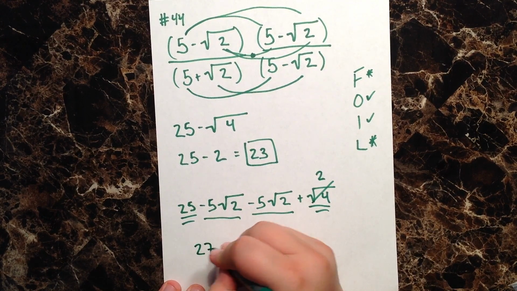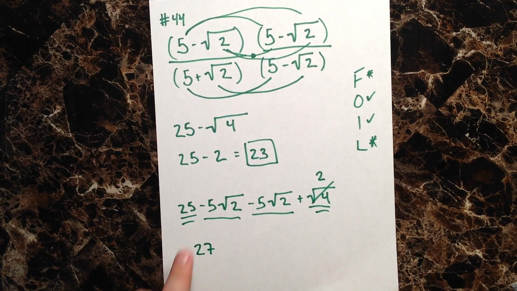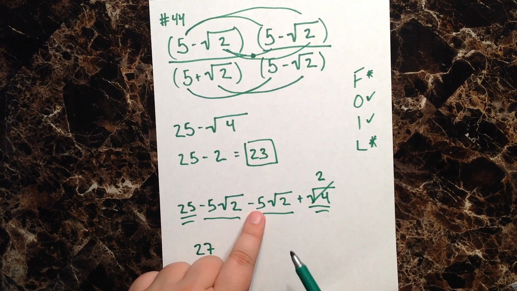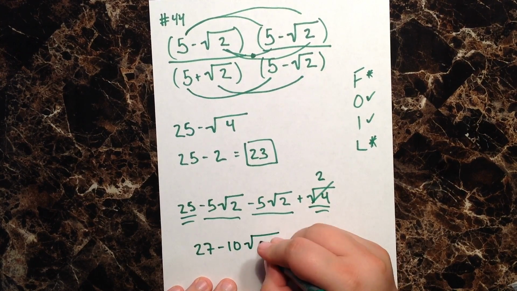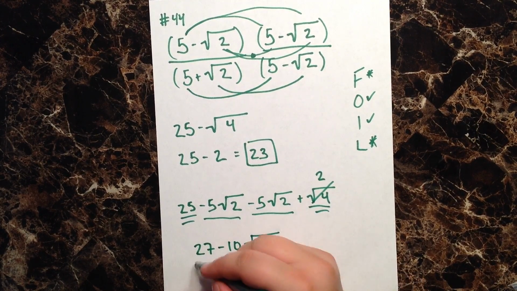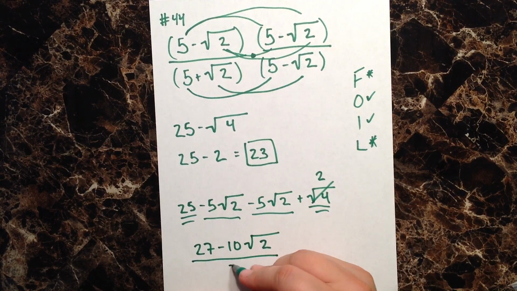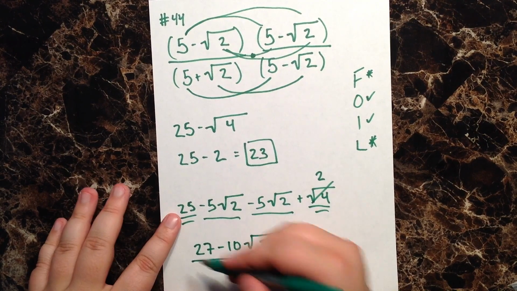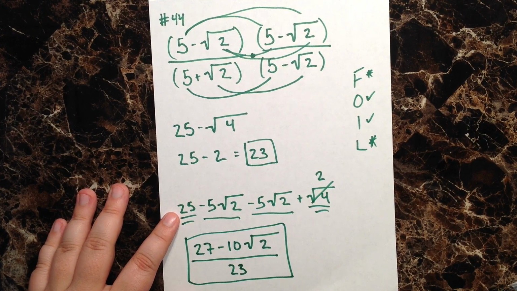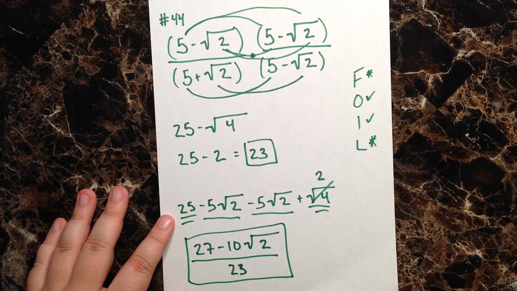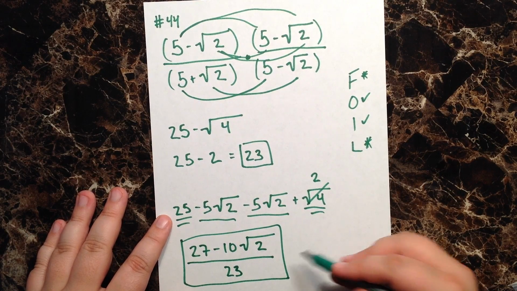Well, that gives me 27. And negative 5 radical 2 minus 5 radical 2 gives me negative 10 radical 2 over my rationalized denominator of 23. And there we have our simplified, rationalized expression, our answer.